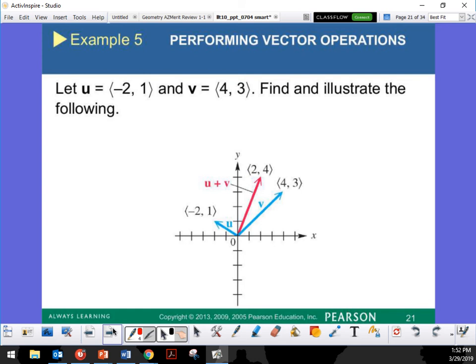So basically, this is what you're going to do. You're going to add these two together. I just added the vectors. That was exceedingly simple.